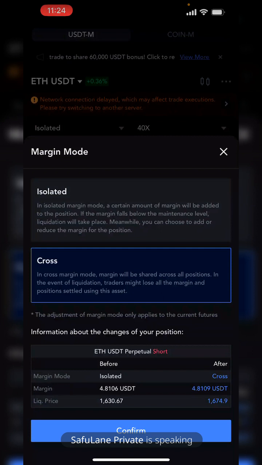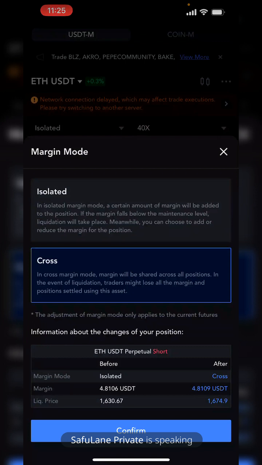If you are trying to manage risk, cross margin mode is a very bad idea. But if you think your prediction might go wrong but might come back after some days, and you have enough balance to be able to run that particular trade, then you can click on cross margin to do that.